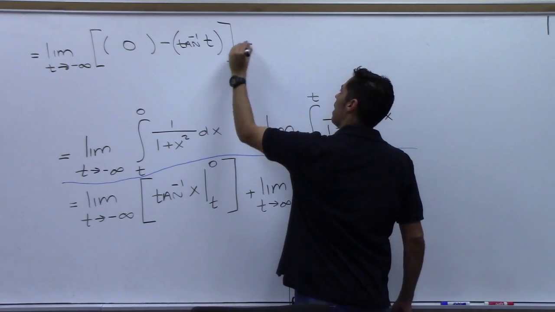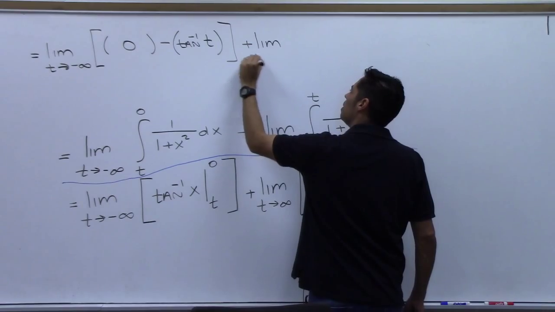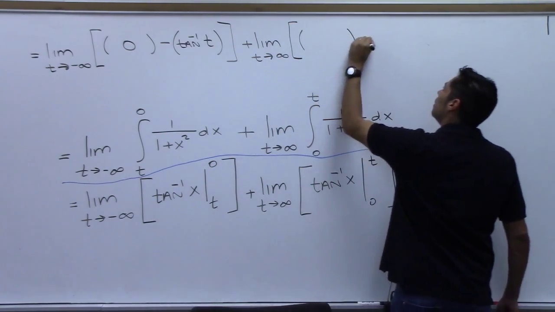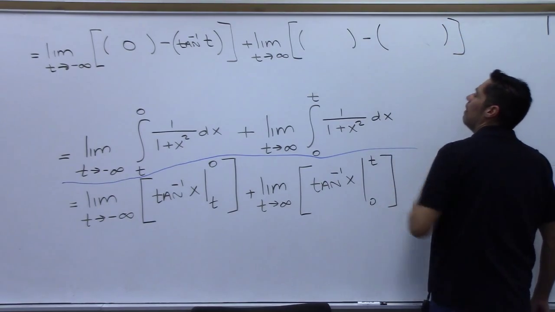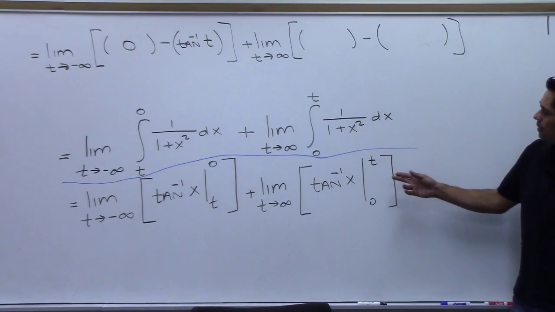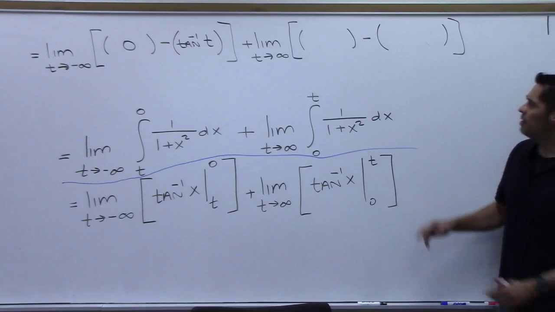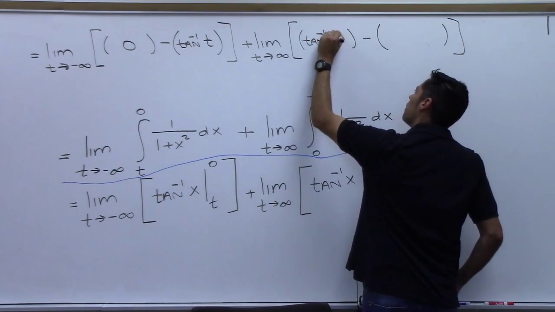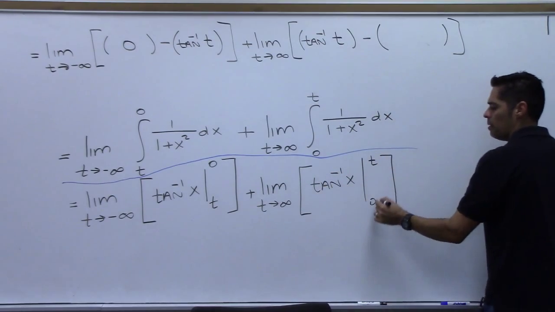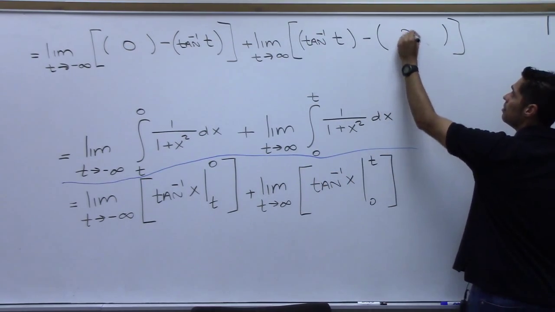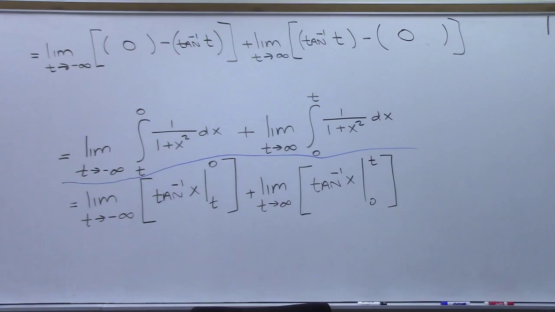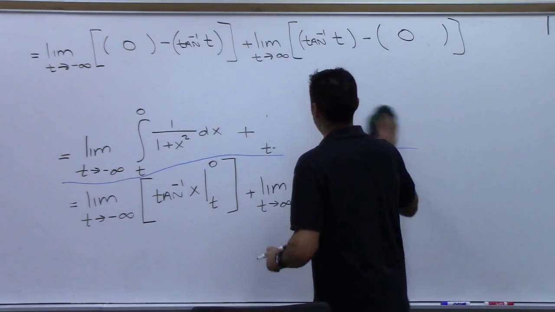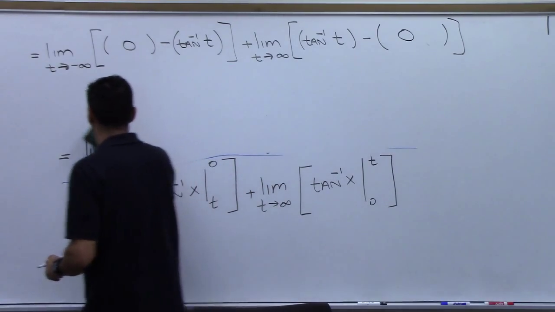All right, plus now another limit. Limit t goes to infinity. All right, plug in this time what first? T. So you get arctan t. And over here, plug in 0, you get arctan of 0, which is 0. Whew. All right. Almost done.